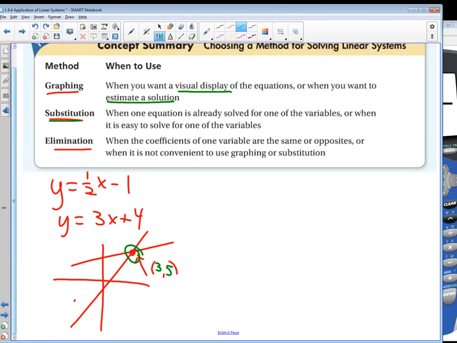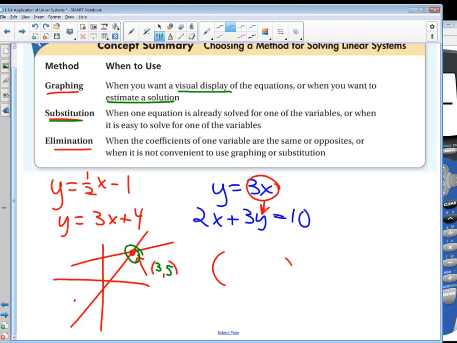In the substitution method, that's the second method you learned, it was best when one of the equations was already solved for one variable. For example, in this set of equations, y equals 3x is already solved for y. You're going to substitute that value in for y and get a solution that way. The last method that you learned was the elimination method, and it worked best anytime you had two variables that were exact opposites.